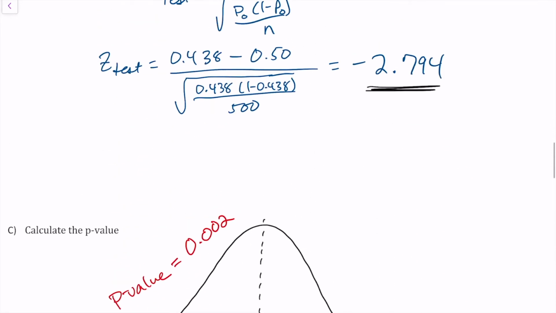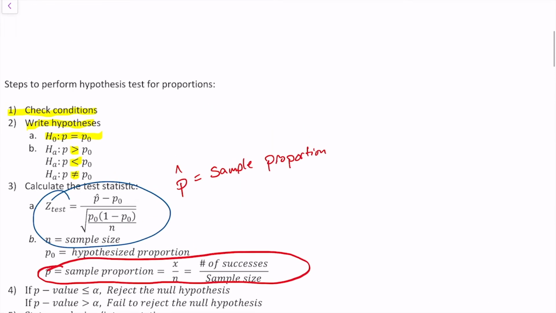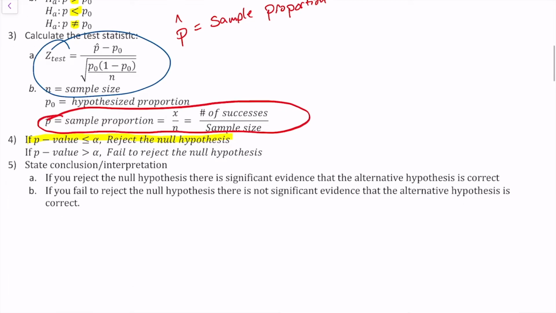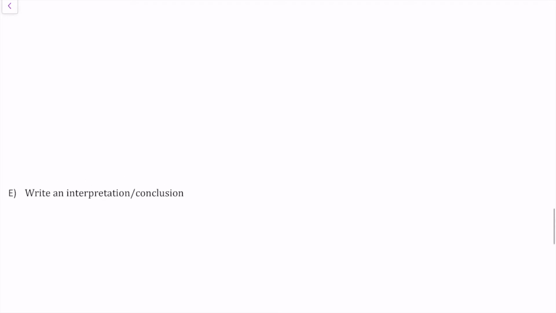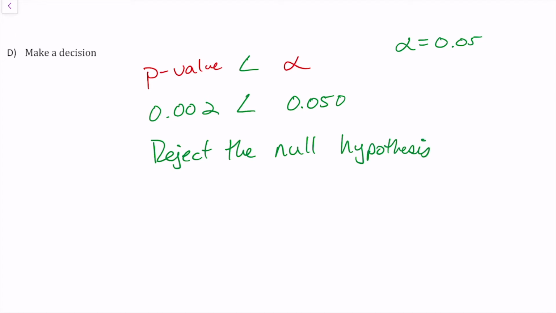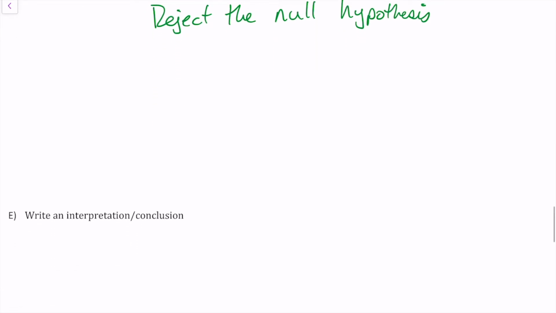Well, if you don't mind me scrolling back up, what do we say whenever p-value is less than alpha? If the p-value is less than alpha, we should reject the null hypothesis. So that's exactly what our decision is going to be. So our decision is that we are going to reject the null hypothesis. All right, so what does it mean to reject the null hypothesis?